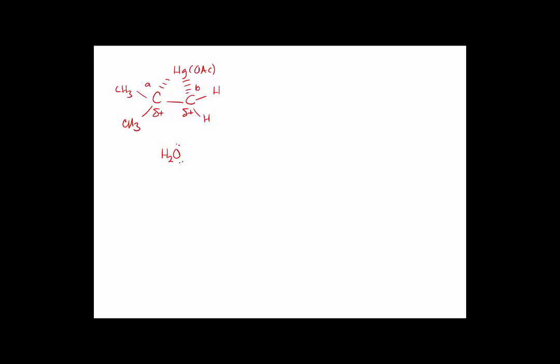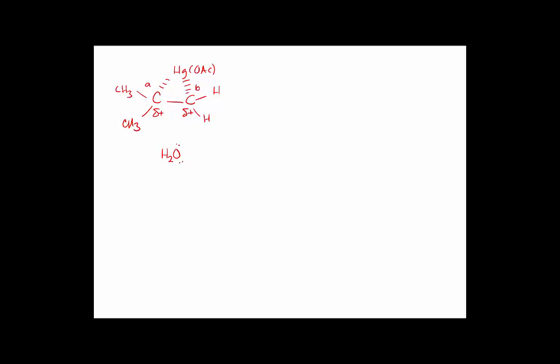And to further somebody's argument that that would be the case, am I not kind of doing a backside attack here? That the water's coming in and kicking off the mercury from underneath? So it's kind of doing a backside attack? So when you think backside attack, what mechanism do we think?